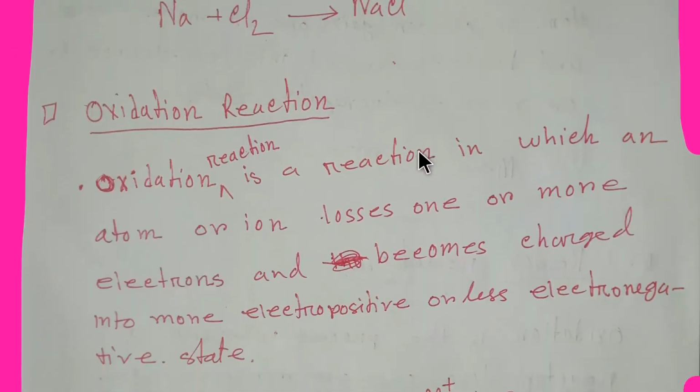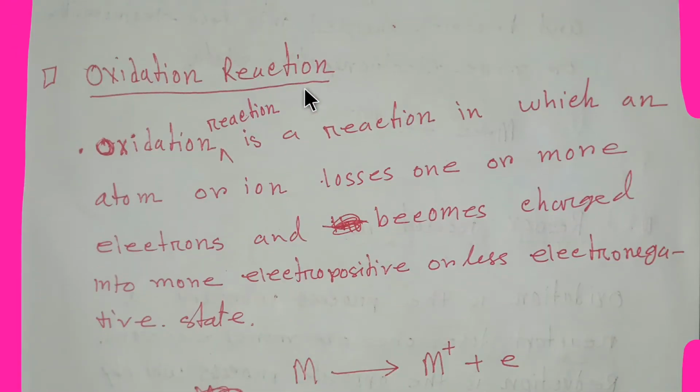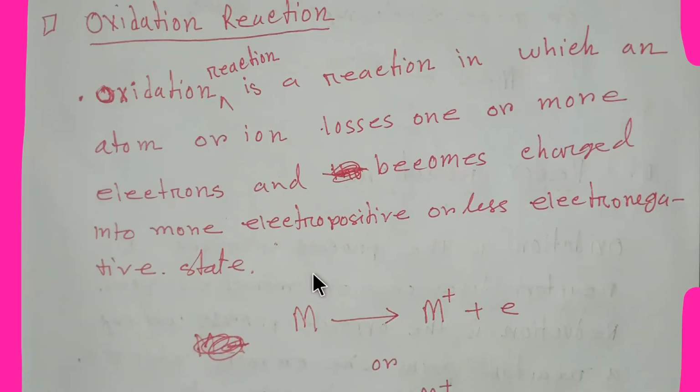However, what is an oxidation reaction? This is very similar to the oxidation process. You can define it: an oxidation reaction is a reaction in which an atom or ion loses one or more electrons and becomes charged into a more electropositive, or less electronegative, state.